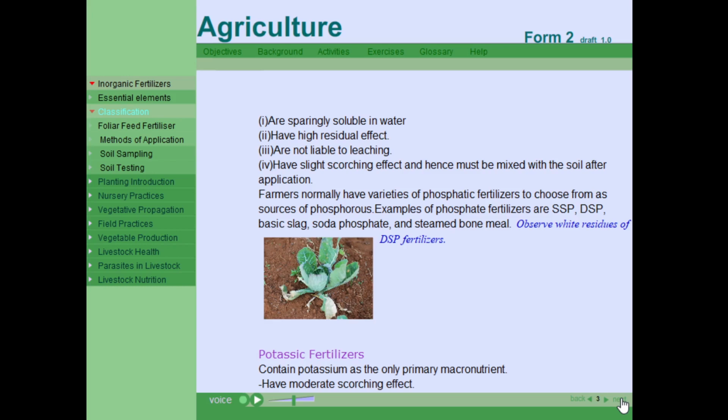Examples of phosphate fertilizers are SSP, DSP, basic slag, soda phosphate, and steamed bone meal. Farmers normally have varieties of phosphatic fertilizers to choose from as sources of phosphorus.